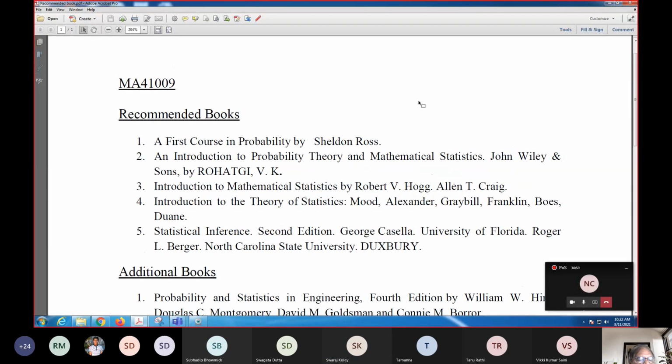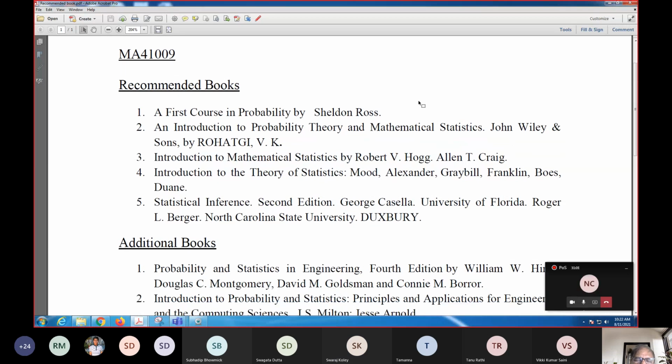Okay. So there are many books which cover both the topics. The first book is A First Course in Probability by Sheldon Ross. It mainly focuses on the probability theory. It does not contain the other part, that is the inference part.